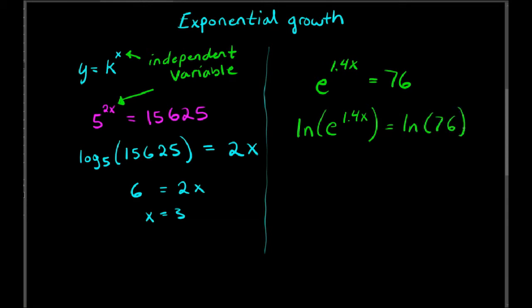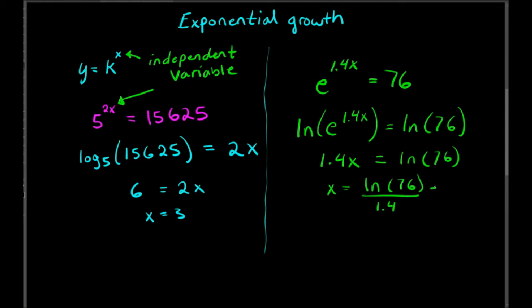And so we would solve this equation the same way. I would take the log base e of both sides, and we have a special symbol for a log base e. We call that the natural log, and we write it as lowercase ln. I think that's derived from the Latin name for it.